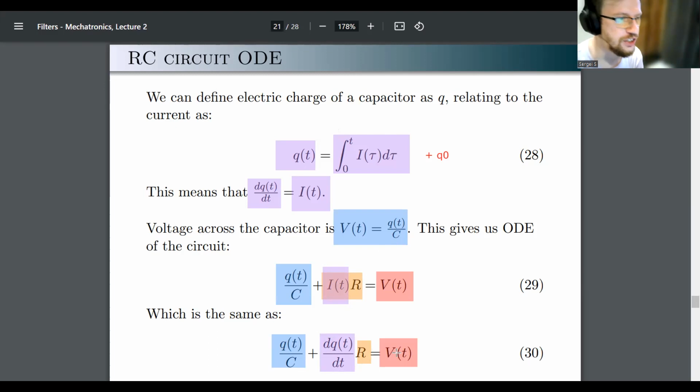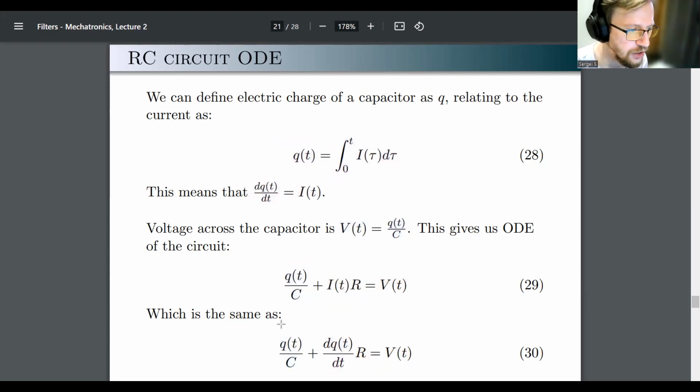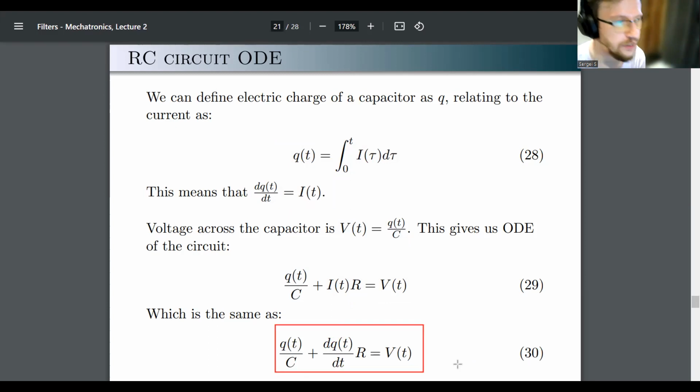What is interesting here is that this equation at the bottom of the slide, equation 30, is a differential equation of the first order with two coefficients.